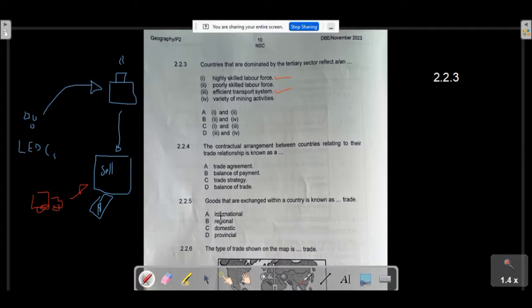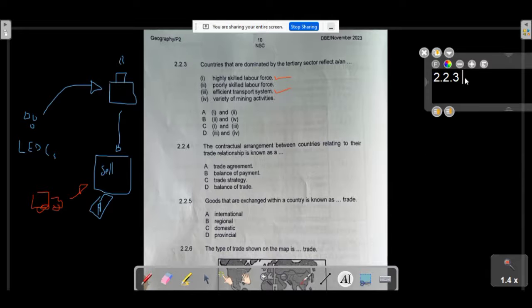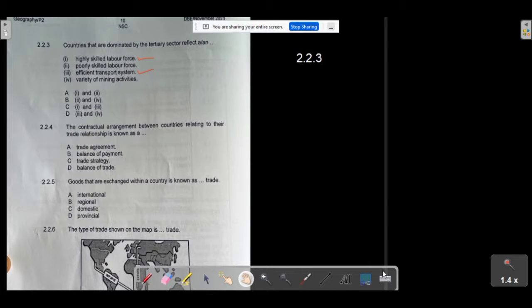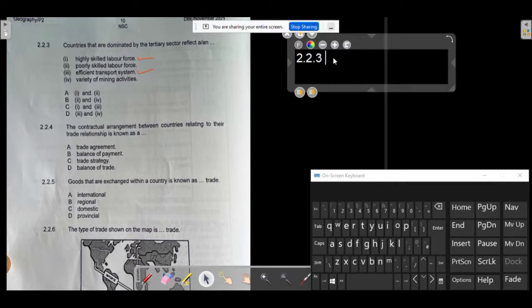Okay, so providing services, that is what I will go with, which is Roman figure 1 and Roman figure 3. Poorly skilled labor force is usually in countries that are dominated by the primary sector, but it's not everything is just black and white, guys. Most of those countries usually have a poorly skilled labor force. So it's Roman figure 1 and 3, so that is C.